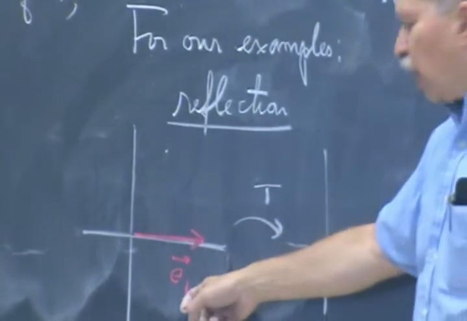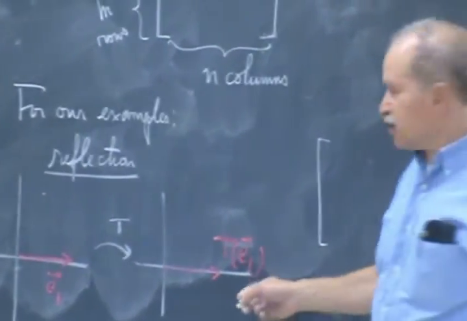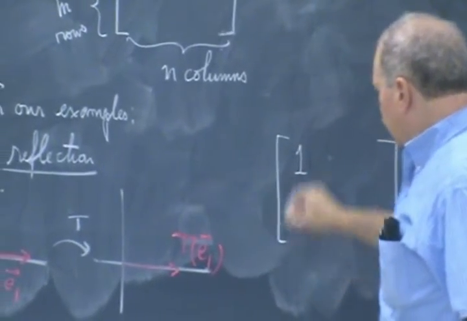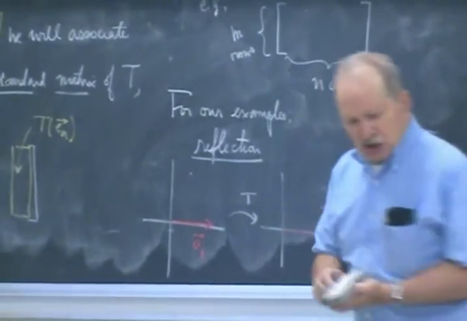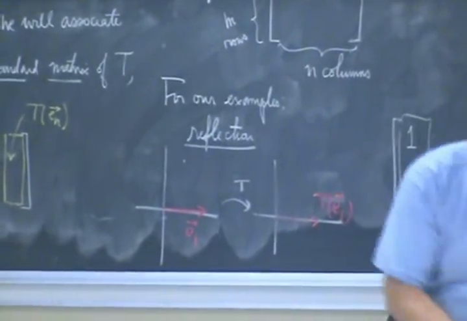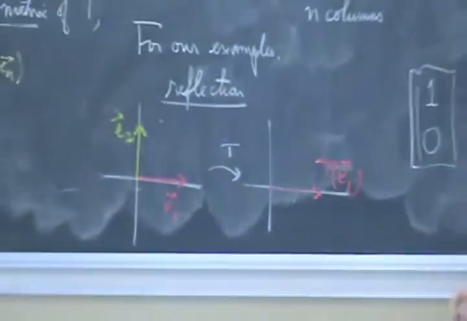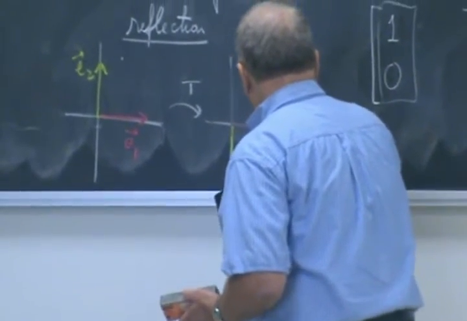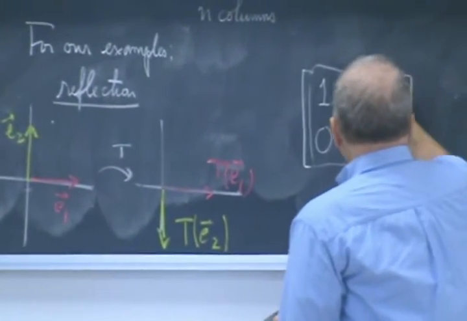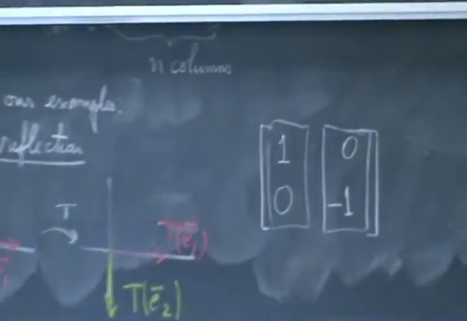I started with 1, 0, and it stays where it is. It's 1, 0. That's the first column. E2: 0, 1 now. Where does it reflect to? 0, negative 1. It goes down here. That means the second column of my matrix is 0, negative 1.